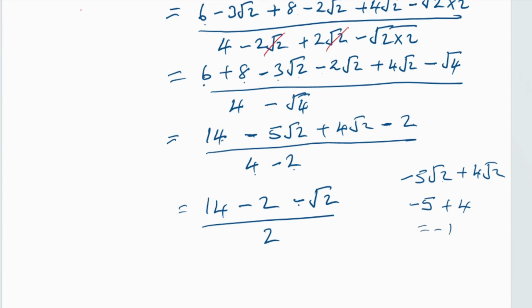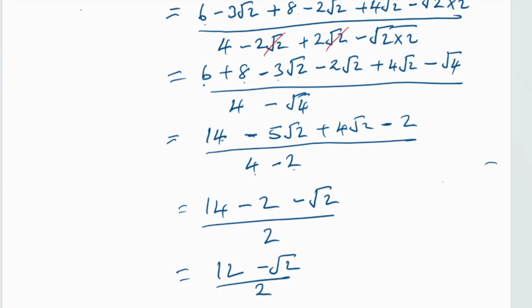That's why we are writing minus square root 2, because if I take square root 2 to be a, this will be minus 5a plus 4a, and therefore it will be minus 1a. So that's why we are writing it like that. And therefore, 14 minus 2 will be equal to 12, then minus square root 2, then over 2.